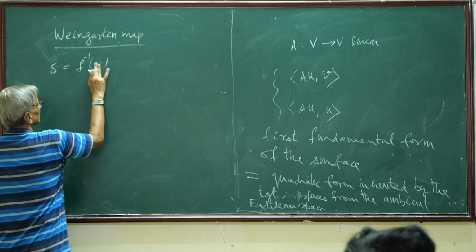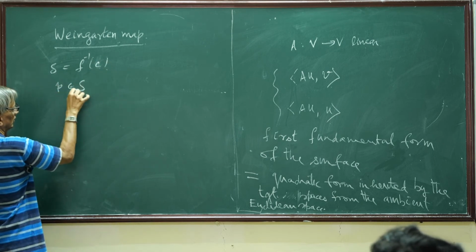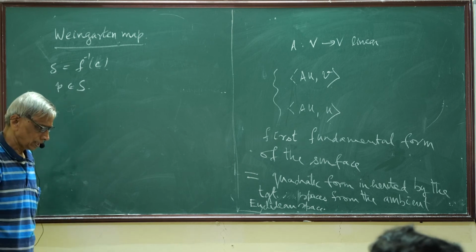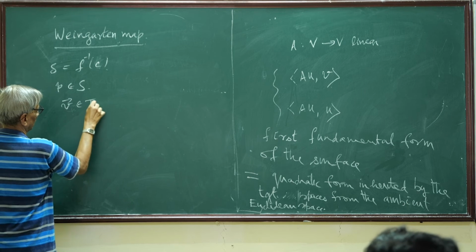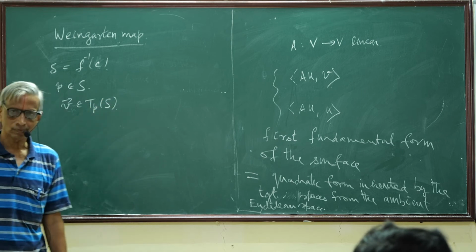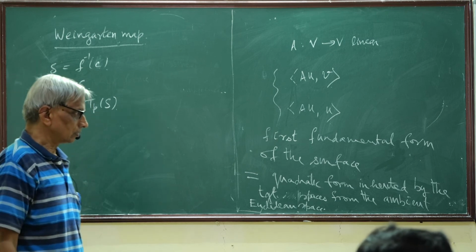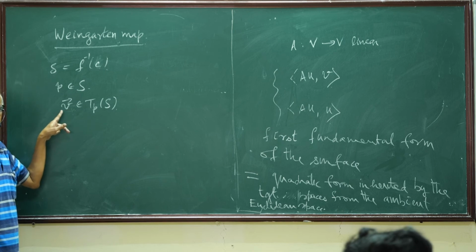See, P is a point on the surface, and V is a tangent vector at P. So this means what?